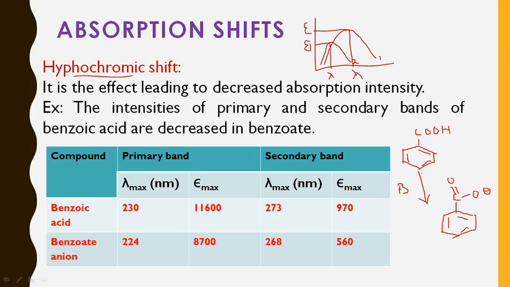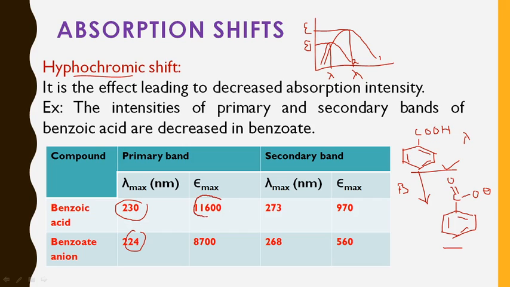Now, compare the stability of these two compounds. Benzoic acid is more stable than benzoate anion. As it is the more stable compound, it requires a high lambda max value and the other requires a low lambda max value. From benzoic acid to benzoate, you see the shift in the lambda max from 230 to 224. So, a decrease in the lambda max comes under the category of hypsochromic shift.